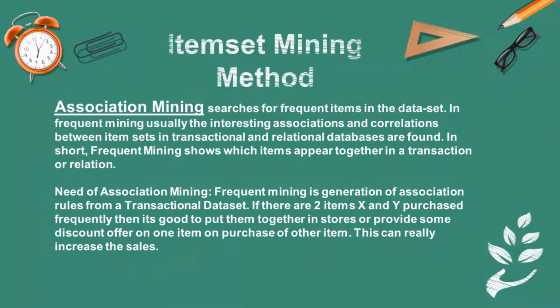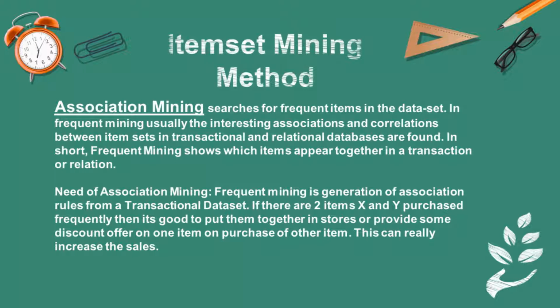Association mining searches for frequent items in the dataset. In frequent mining, usually the interesting associations and correlations between item sets in transactional and relational databases are found. In short, frequent mining shows which items appear together in a transaction or relation. Need of association mining.